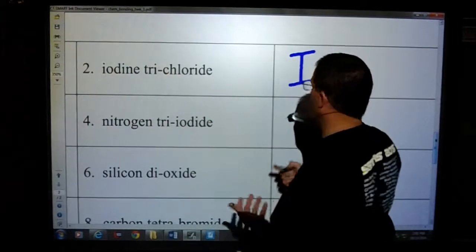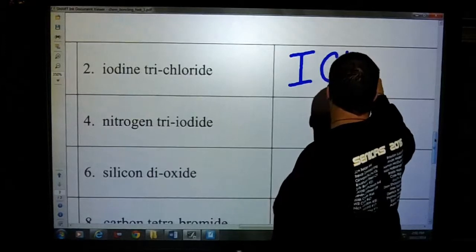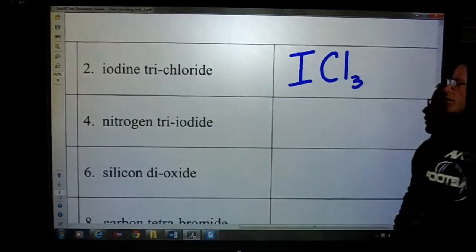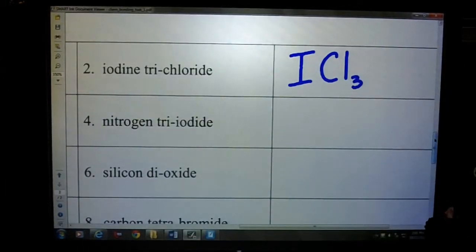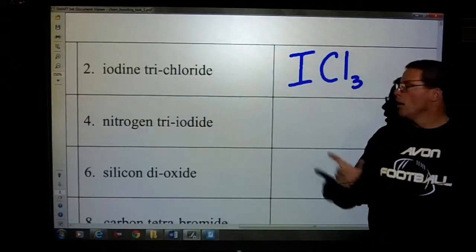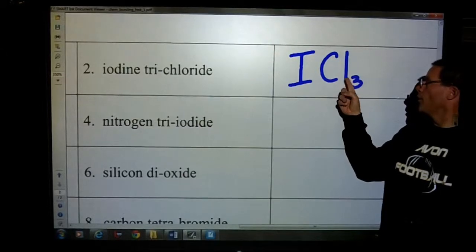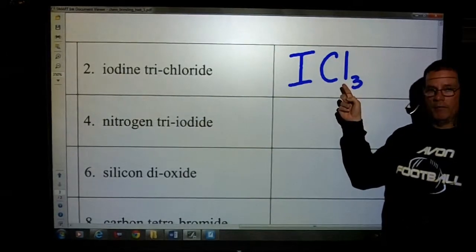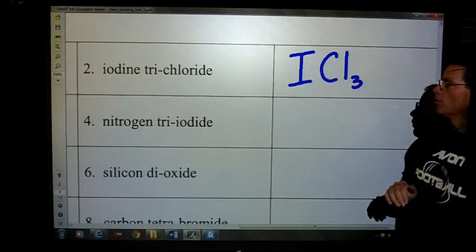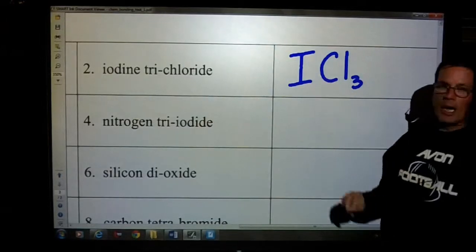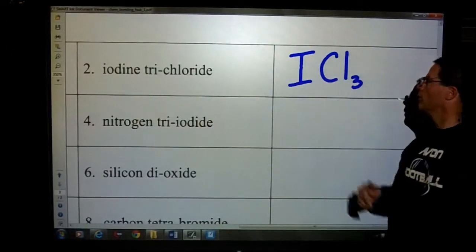Trichloride, we have a 3, so chlorine, Cl3. So iodine trichloride looks like ICl3. Remember, if I'm going to make an I, it looks like that. This is not a carbon with an iodine. Okay?